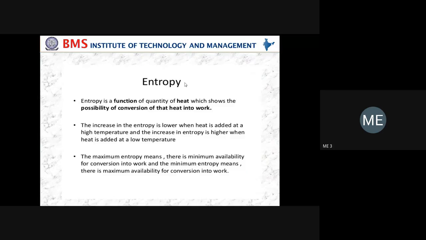Okay, so in first chapter you studied the PV diagram, the nature of PV diagram for various processes like constant volume, constant temperature. And we have another diagram called the TS diagram in this chapter.